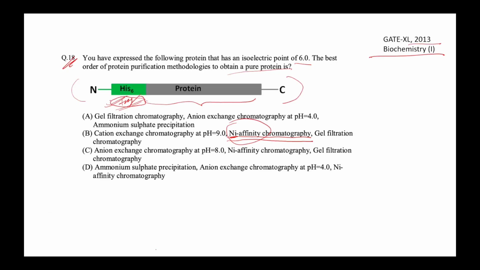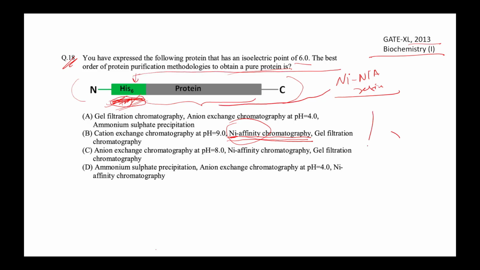As shown in the image, this protein is tagged with histidine. In this technique we use a resin called nickel NTA resin, and this nickel NTA can bind to this histidine tag.